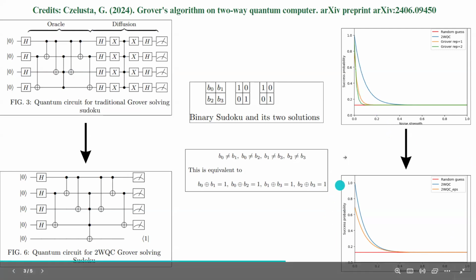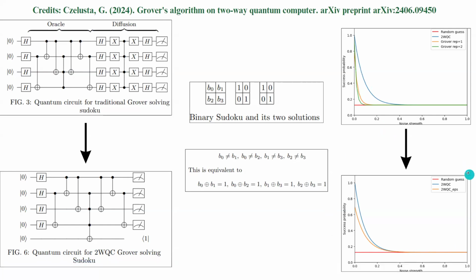In this case, we induce a certain amount of noise in the Bra1 operator using the Kronecker product, and the noise value was somewhere around 0.2. And as you can see, the success probability went from 1 to somewhere around 0.7. But the thing to note here is that the noise was pretty high, and anything below 0.2 was not showing a significant change in the success probability of our circuit.